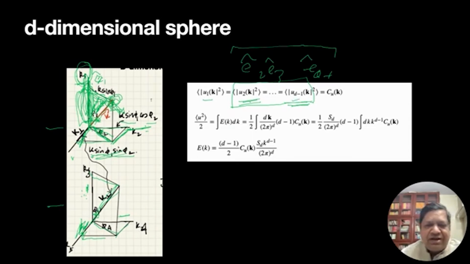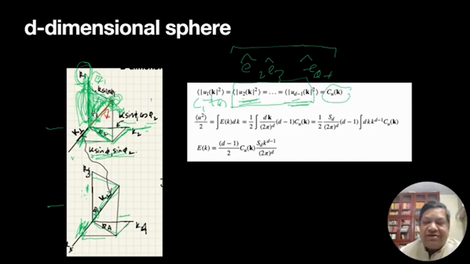If I take the mod square, then I'll get the correlation of the component. So this is u1 mod square, which I can call C1 of k. This is C2 of k, C3 of k, and so on. We make a notation, Cu of k.